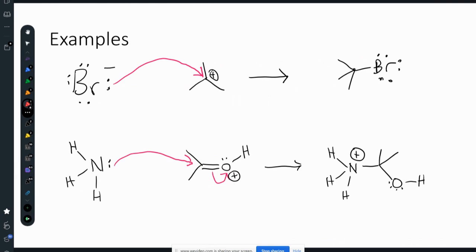In the first case, I have Br minus, so that's got a negative charge. If you're something with a negative charge, are you going to be seeking out electrons, or are you going to be seeking out nuclei? Nuclei, yeah. Because if you got a negative charge, you're attracted to positive charges. So you're going to be a nucleophile.